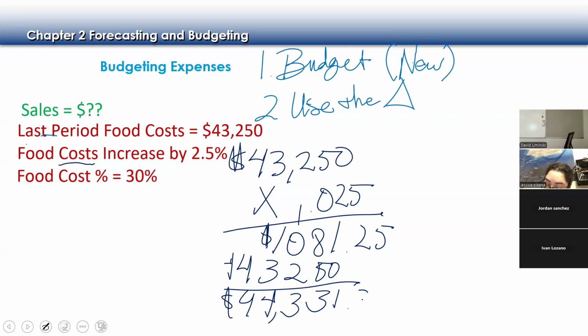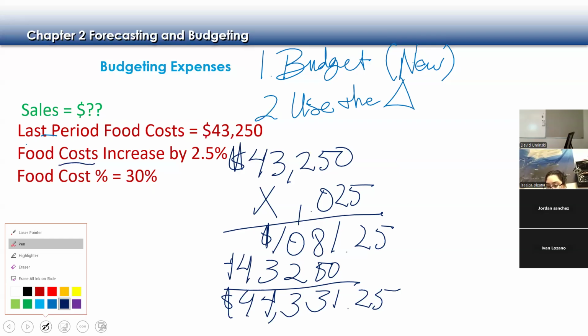And let's bring down our 25 cents. So my new food cost is $44,331.25. Do you all see how I got that? By increasing my old food cost by 2.5%. Okay.